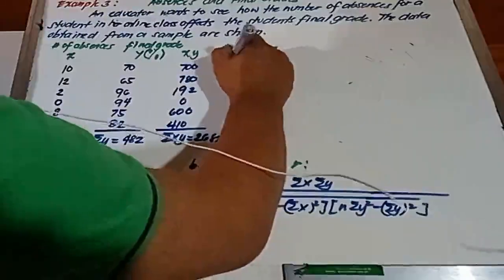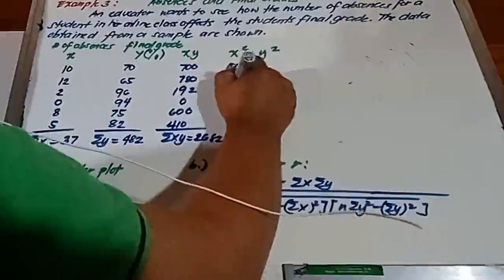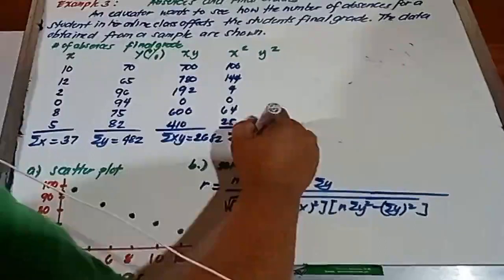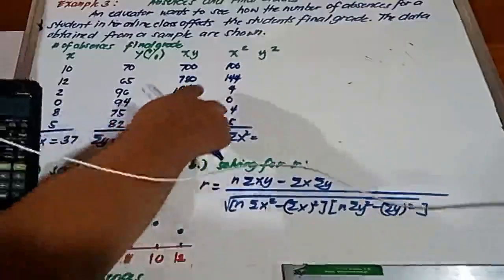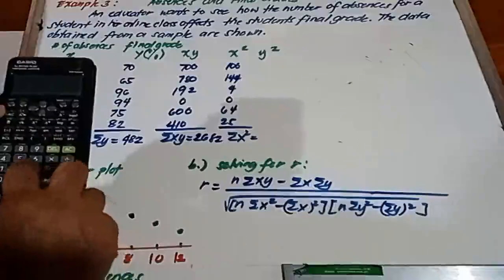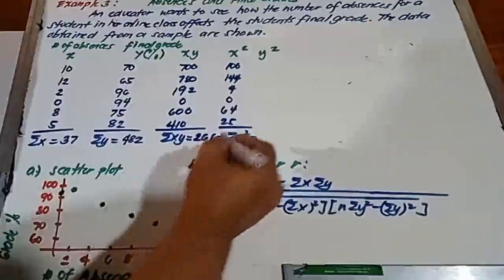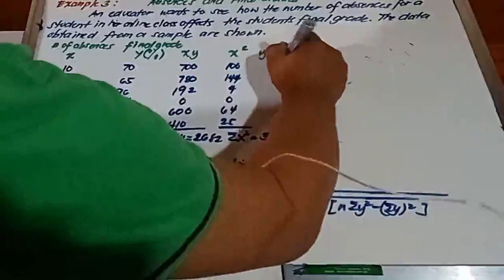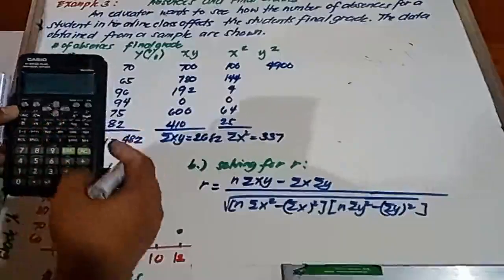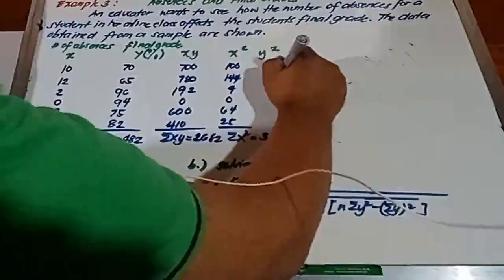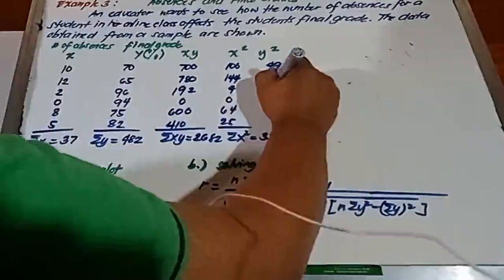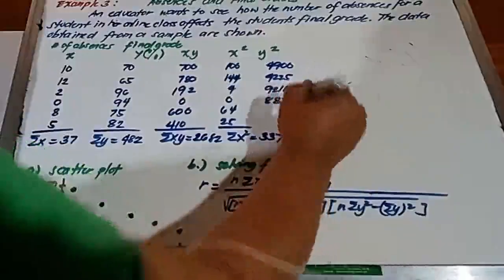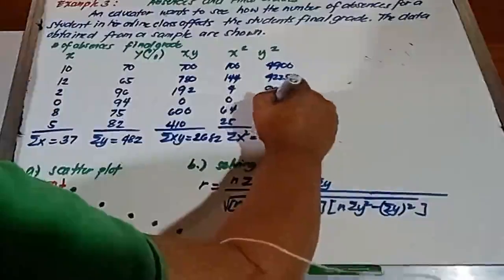Then x squared is 100 here, 144, 4, 0, 64, and 25. Ito yung ating summation of x squared. Then we have 244 na yun, plus 4, plus 64, plus 25 is 337. And then y squared, this is 4900. 65 squared is 4225. 96 squared is 9216. 94 squared is 8836. 75 squared is 5625.